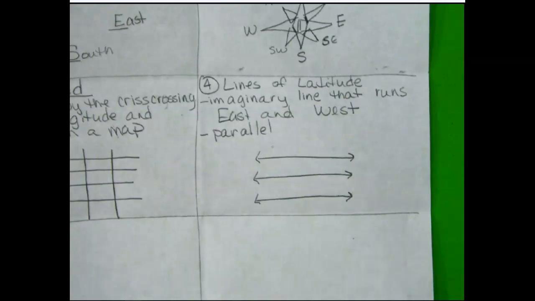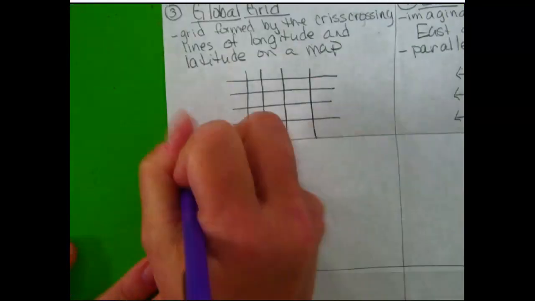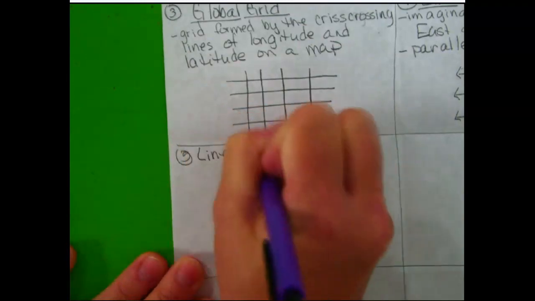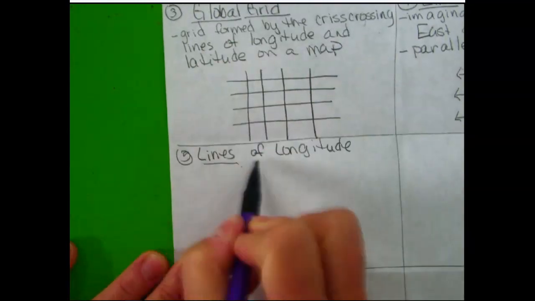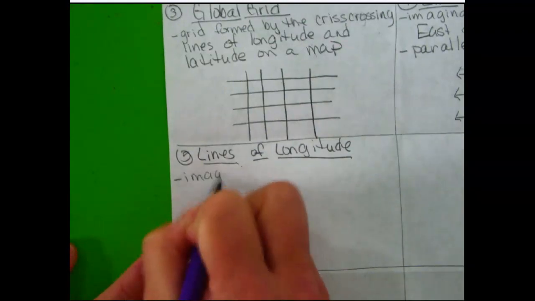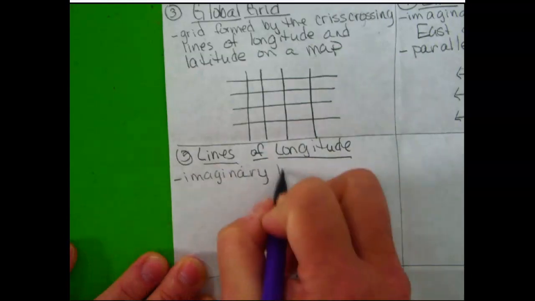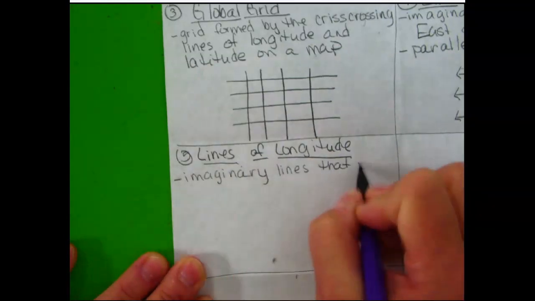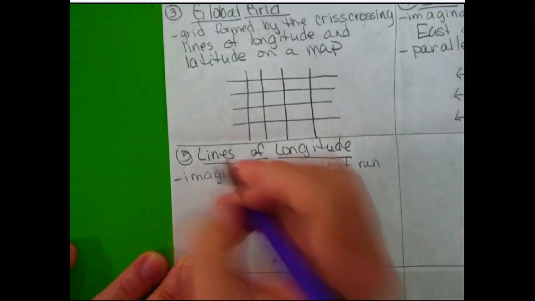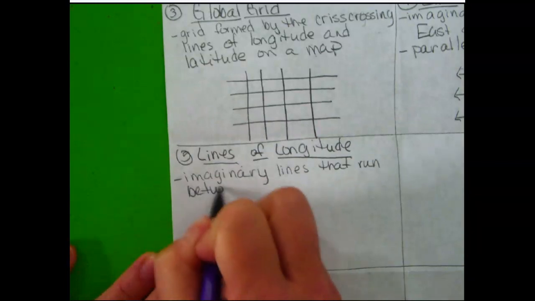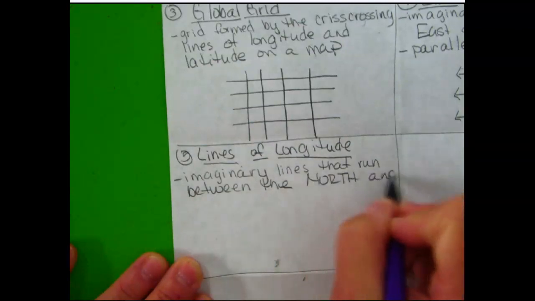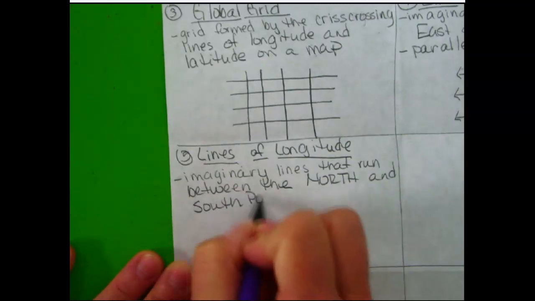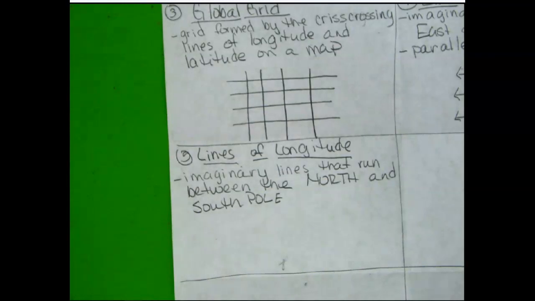Number 5, we're going to talk about the lines of longitude. These are the imaginary lines that run between the North and South poles.